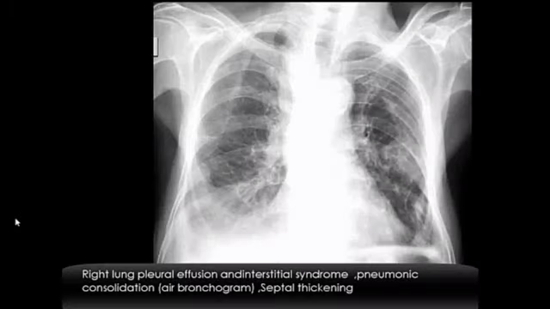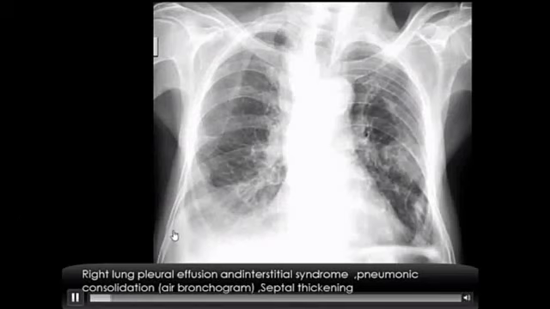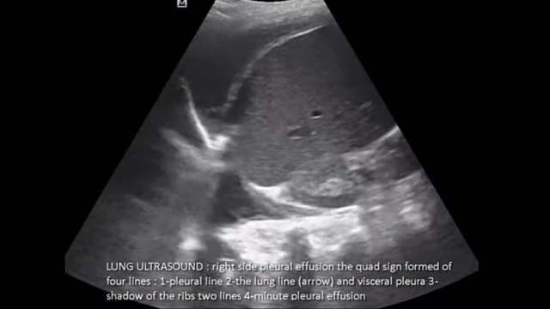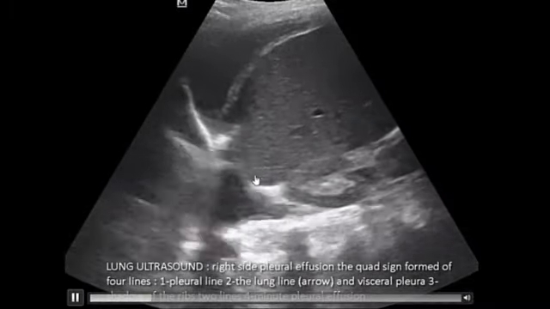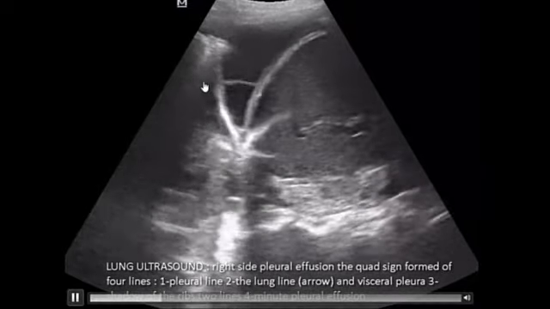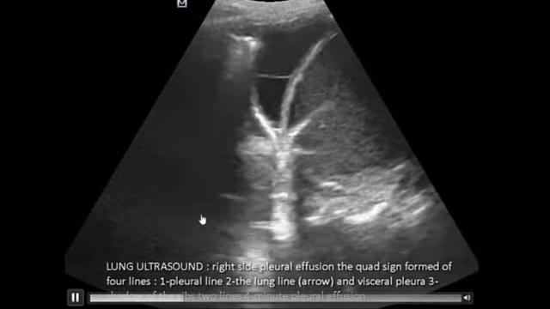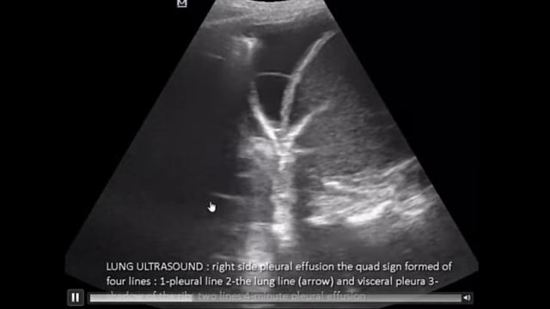This is another case, right lung pleural effusion with pneumonitis and consolidation, air bronchogram, and septal thickening. Example: this is the liver, diaphragm, effusion, septal thickening and consolidations, and we find air bronchogram.